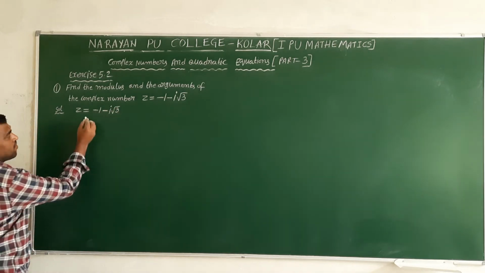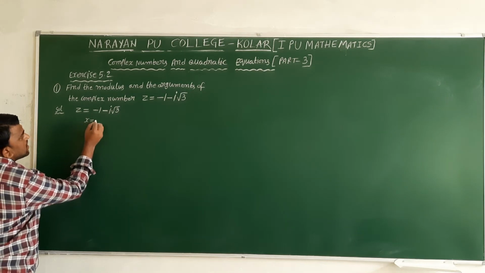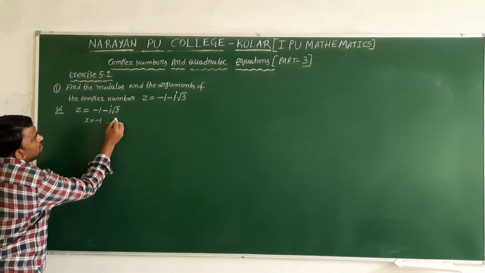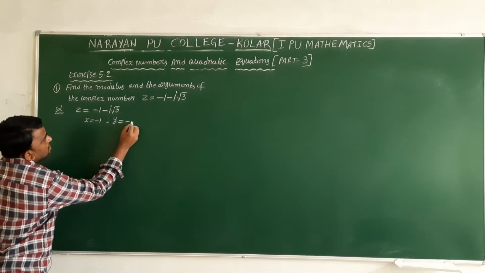Compare with the standard form x plus iy. X is -1. Y value is minus root 3.